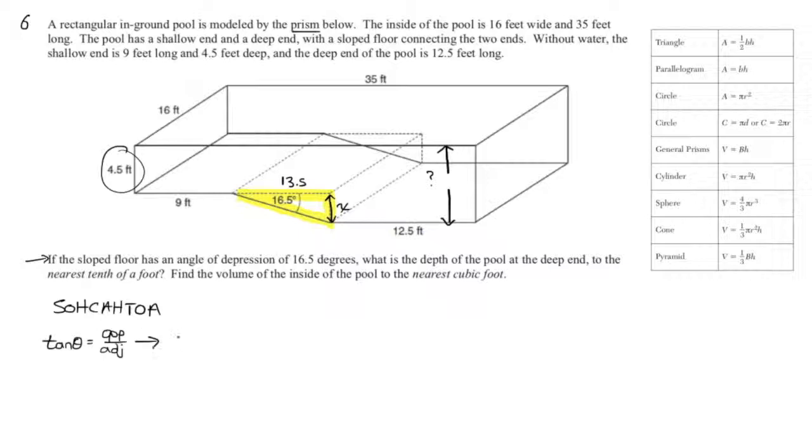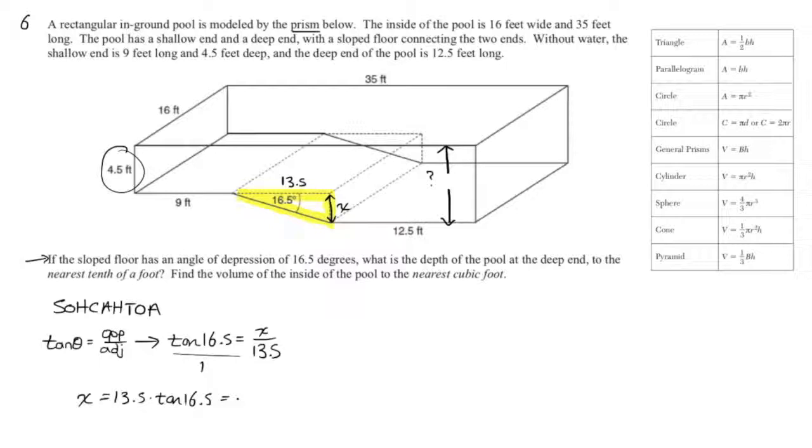Specifically, in our case, we have that the tangent of 16.5 is equal to x over 13.5. We will do the cross multiplication, which will suggest that x is equal to 13.5 times whatever the tangent of 16.5 is.